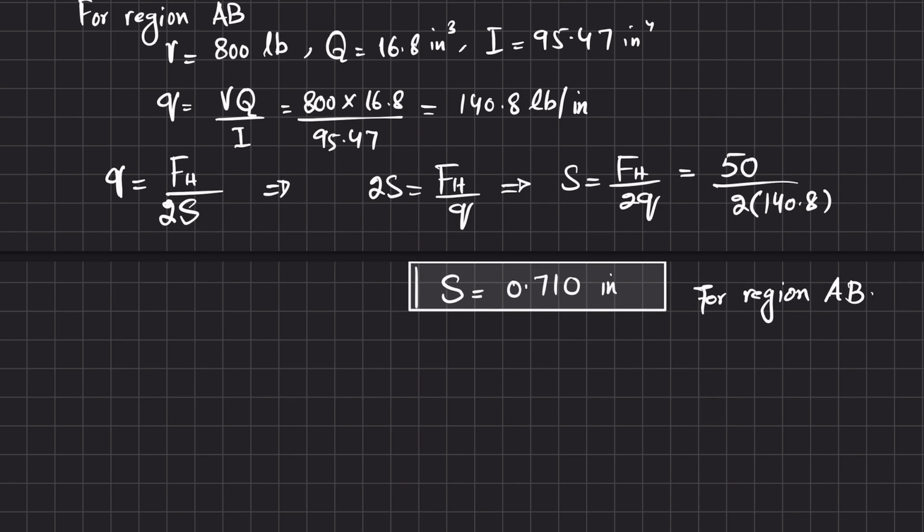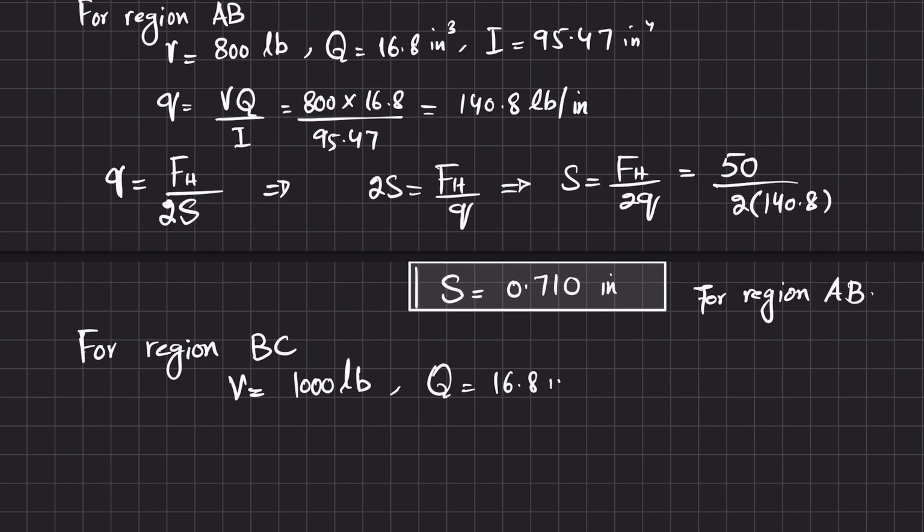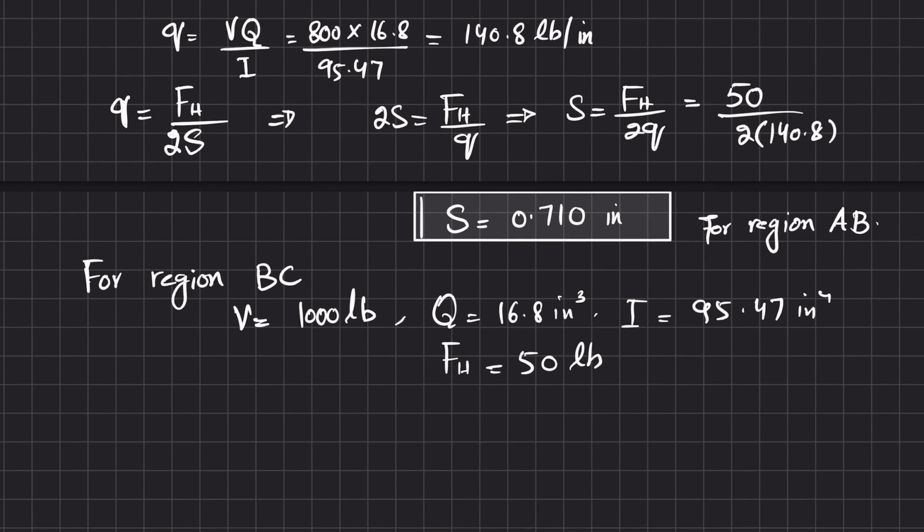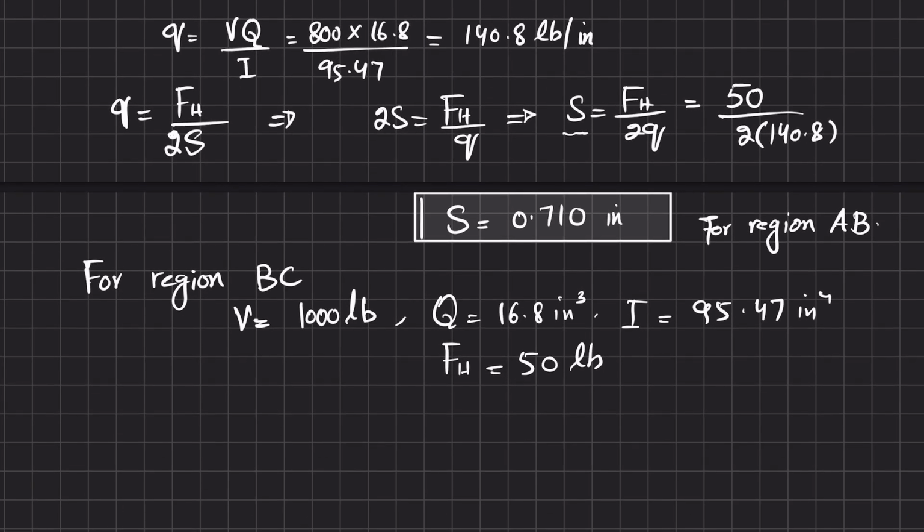Now we will move to region BC. For region BC, we have shear force of 1000 pounds. Q will be the same, 16.8 cubic inch. I is 95.47 inch to the power 4, and horizontal shear force is 50 pounds. So you can just put it in the formula. Now the distance in region BC is s dash.